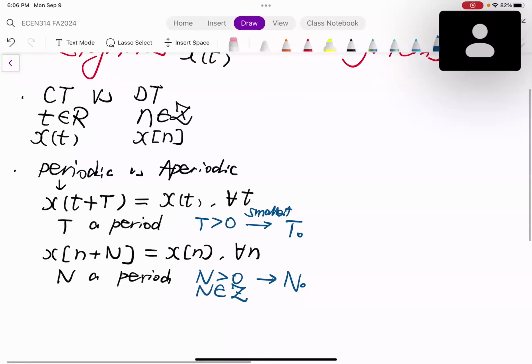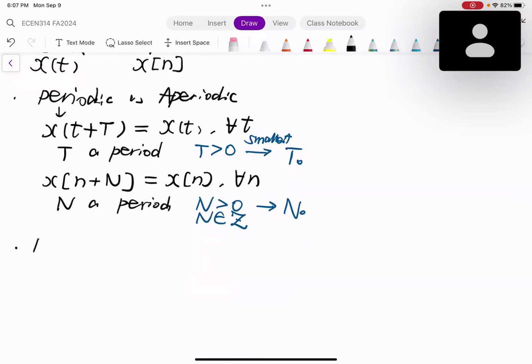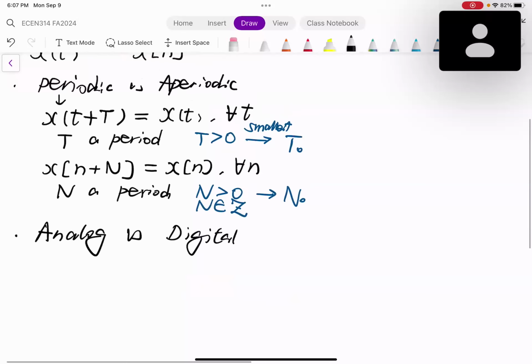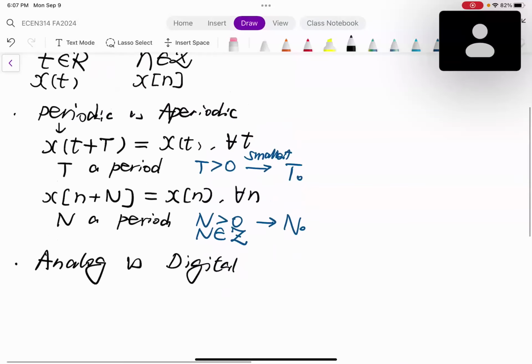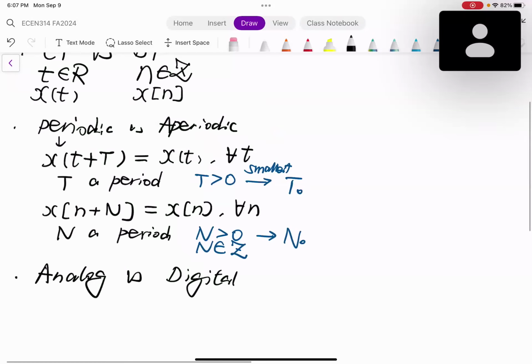Certain things we didn't talk about, but you have learned in the past, is analog versus digital. So what is the difference here? The difference is very similar to discrete time and continuous time. But here, we're not talking about whether the independent time variable is taking continuous or discrete values.